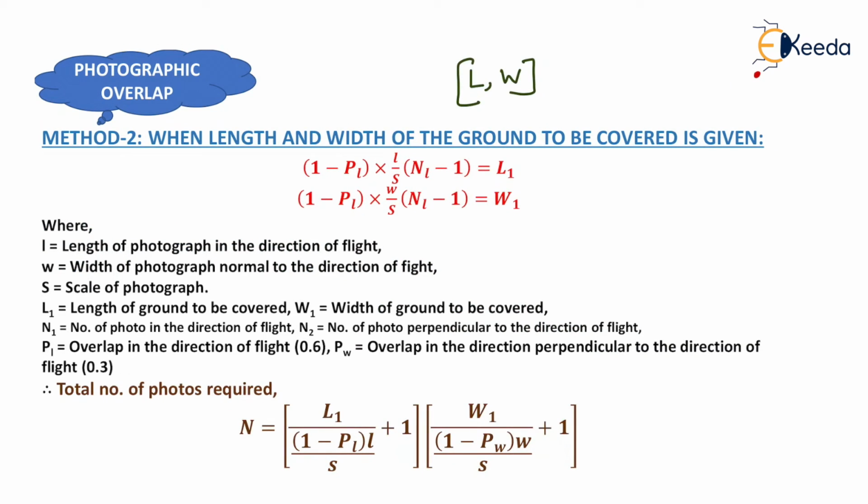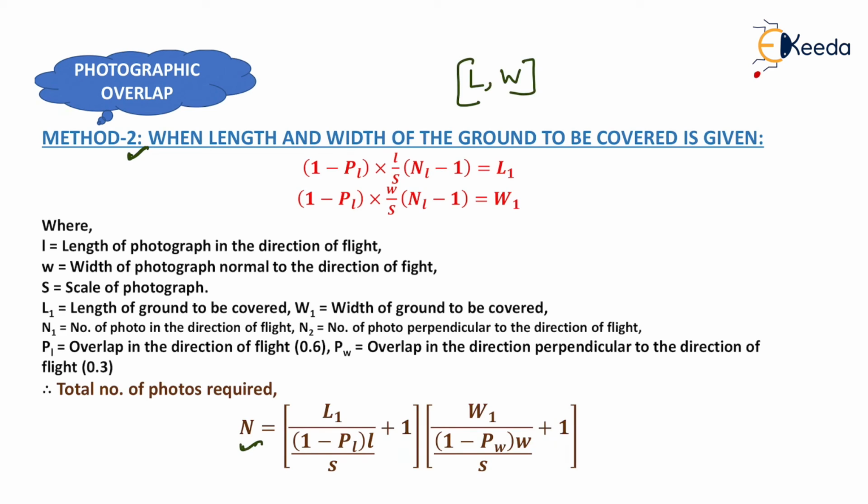Now if the length and width of a particular area is given, then we have to compute the number of photographs according to the second method, and according to this method the number of photographs will be equal to [L1 upon (1 minus PL) into l upon S, plus 1] into [W1 upon (1 minus PW) into W upon S, plus 1].